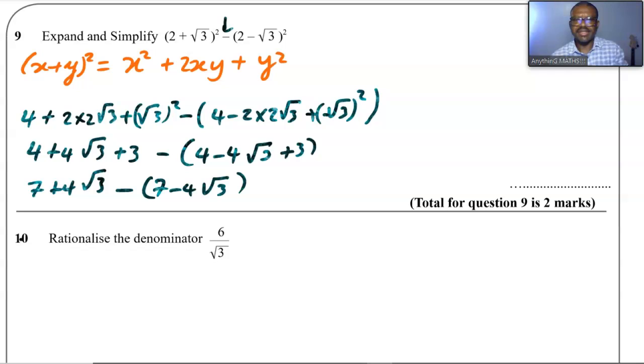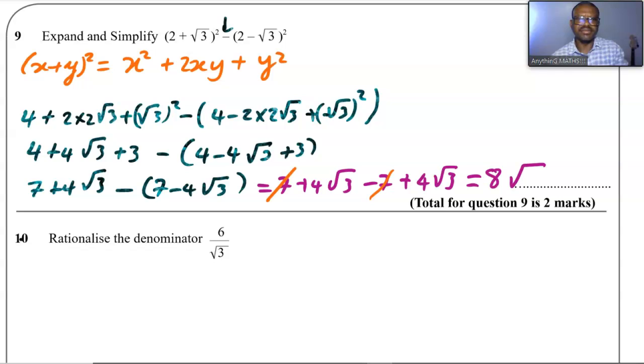When we expand, we're going to have 7 plus 4 root 3 minus 7 plus 4 root 3. The 7 will cancel. This 7 will cancel this 7. And we're going to be left with 8 root 3. So that is the answer.